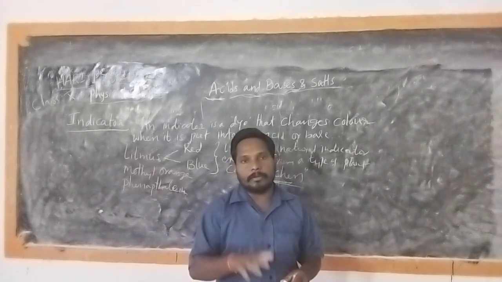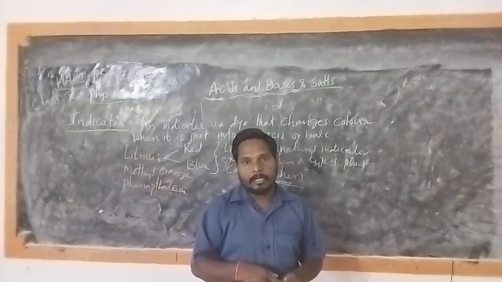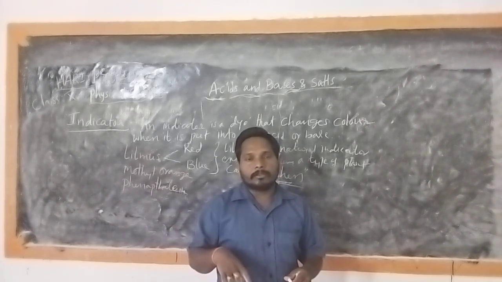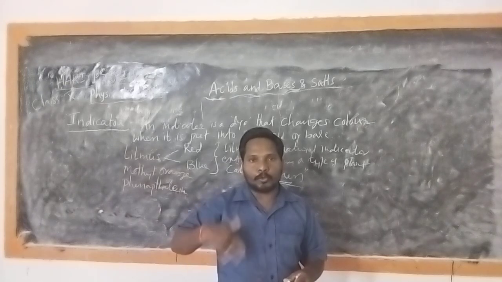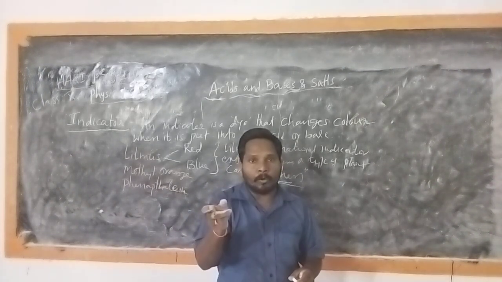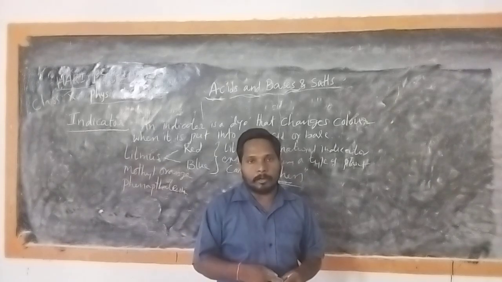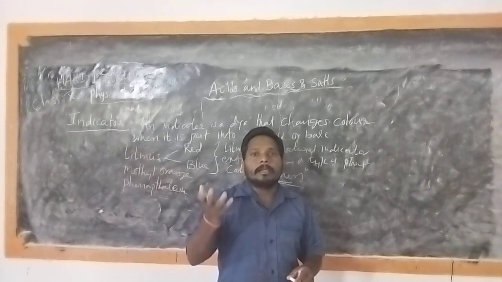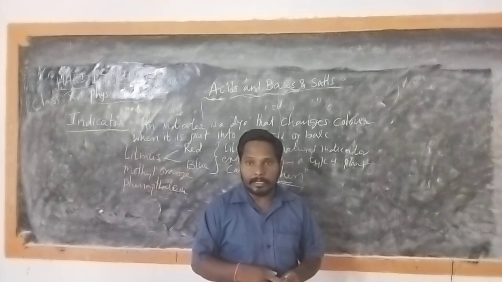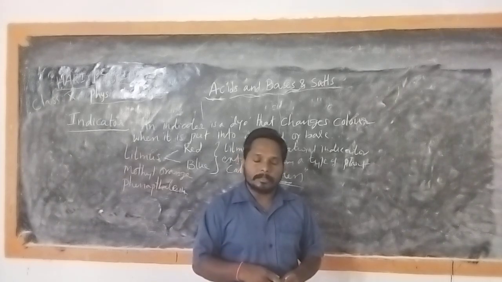While eating, some food falls on our clothes, and when we wash with soap, the yellow color turns reddish brown. This is because soap consists of a base.